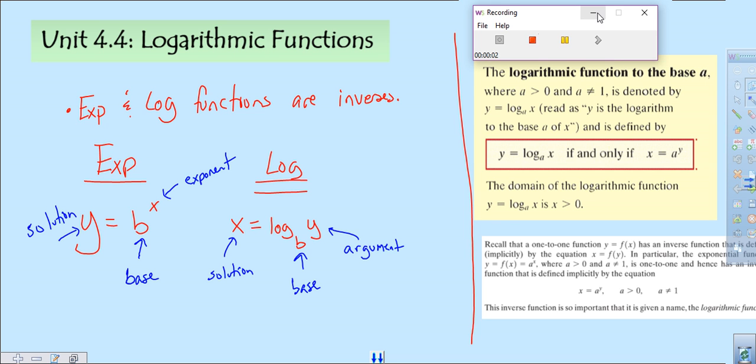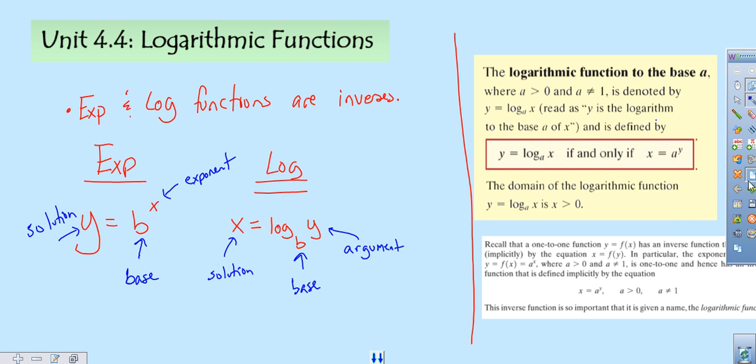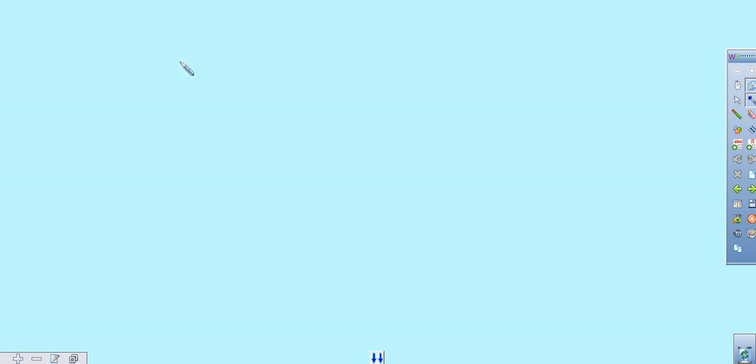All right, so Unit 4.4 jumps into logarithmic functions, and a quick little background on logarithmic functions is that they were created to solve exponential functions. As a quick side note, to see why this happens and what we're going to use it for, let me back up.